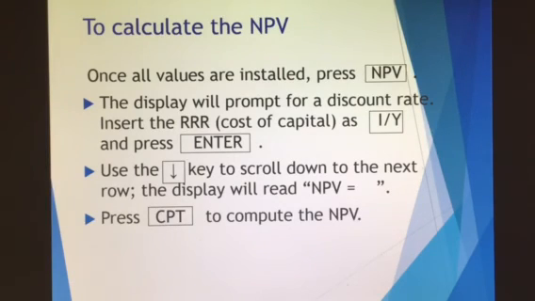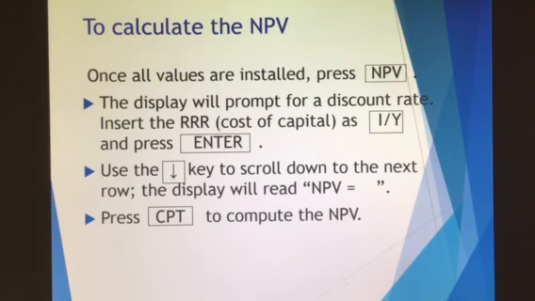Now, just imagine that when we open the cash flow worksheet by pressing the CF key, it really opened up a worksheet with a single column and a number of rows, and I couldn't tell you exactly how many there are. I've tried in the past. It seems like 20, or I gave up at some point. It doesn't really matter for our purposes.